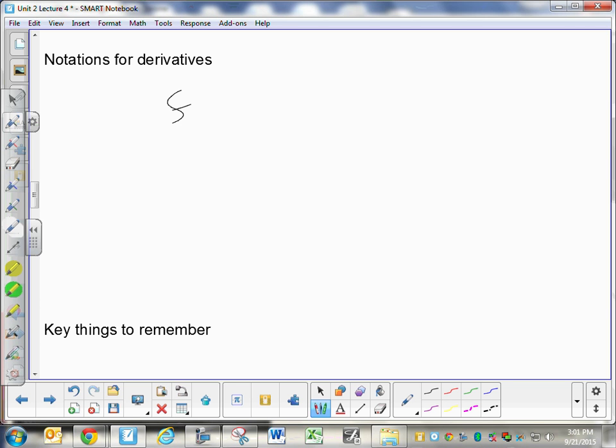Typically we say if f is a function, we say that f prime, this is f with a little tick mark. This tick mark we say is prime. It's not like a 1, it's just a little tick mark. We say that's f prime of x.